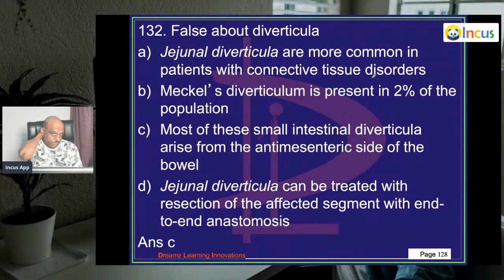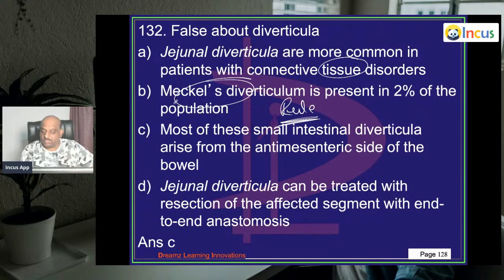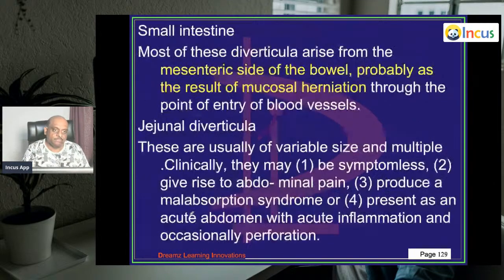Now, jejunal diverticulae are very common if there is any connective tissue disorder. Rule of 2 in Meckel's diverticulum: 2% of the population has Meckel's diverticulum. Jejunal diverticula need to be treated with resection and end-to-end anastomosis.